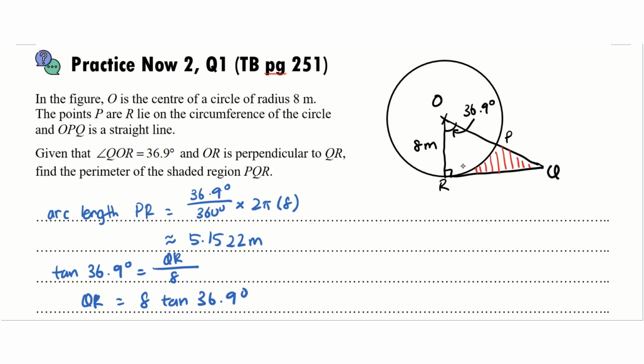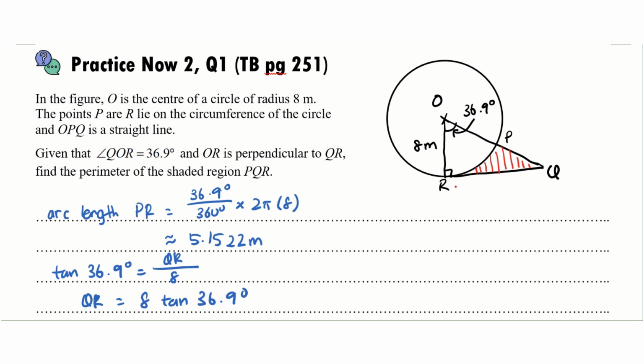The shaded region comprises 3 parts: the arc length PR, the side PQ, as well as the side RQ. To find the arc length of PR, we apply the arc length formula and achieve a truncated 5SF value of 5.1522 meters.